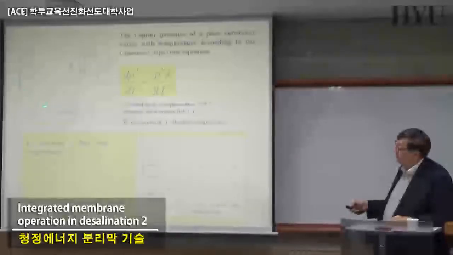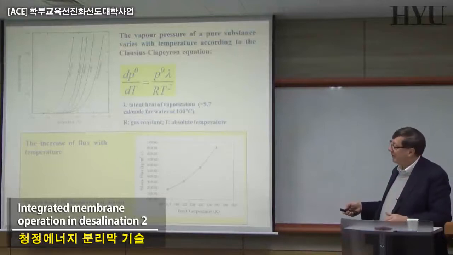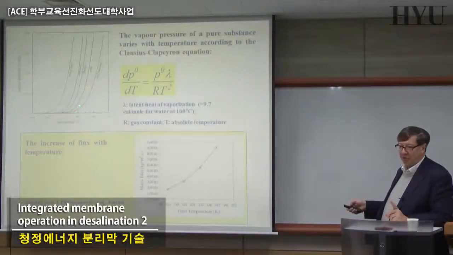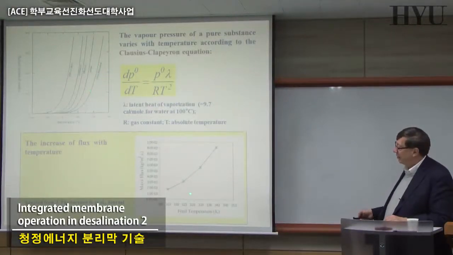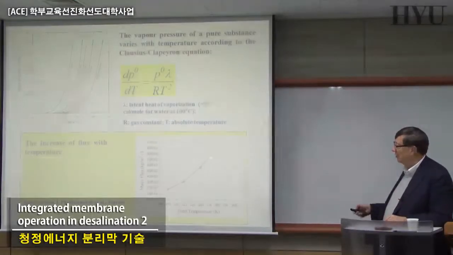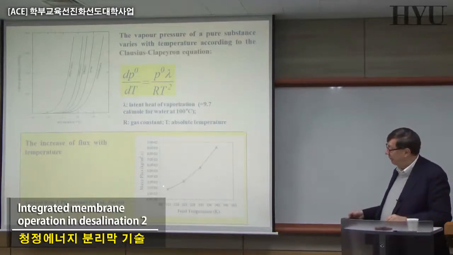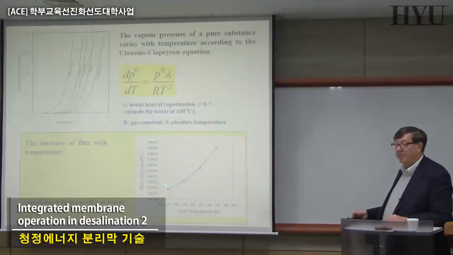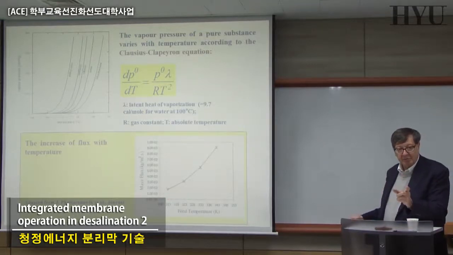Remember that the vapor pressure in the system is not a linear function of temperature, but exponential through the typical Clausius-Clapeyron equation. So what you expect is that the mass transmembrane flux with temperature will have this kind of non-linear behavior, which is very important. It means that down here, a small increase in temperature gives a relatively small increase in the transmembrane flux.